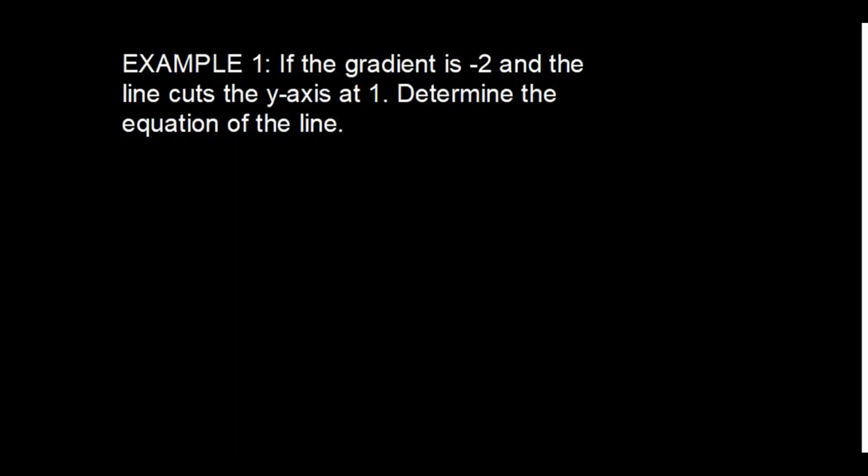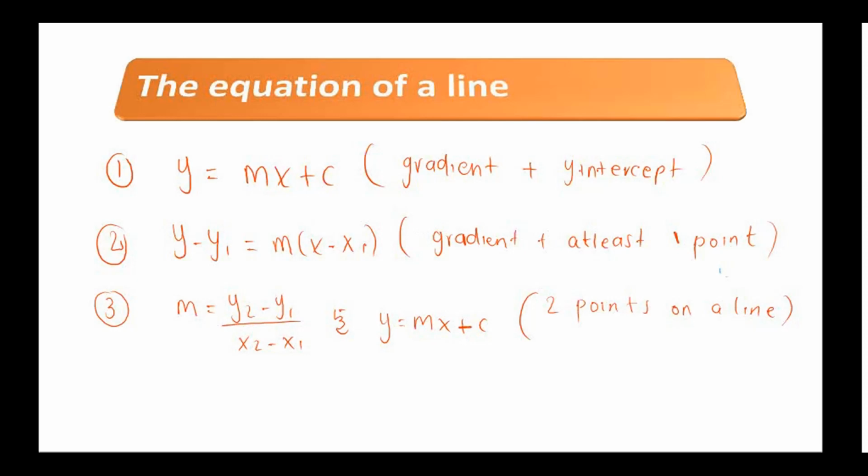Now, this first example says that if the gradient is -2 and the line cuts the y-axis at 1, determine the equation of the line. Remember what we said: if you are given a gradient plus the y-intercept, you can simply use y equals mx plus c, and substitute your values into this equation to get the equation of a line.